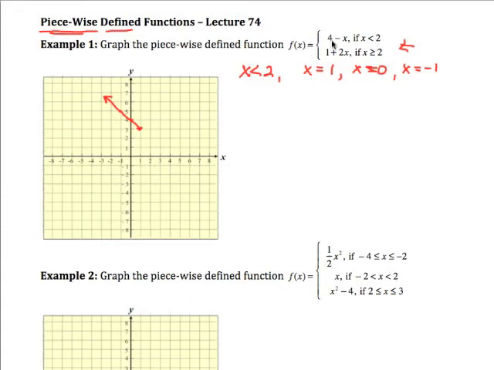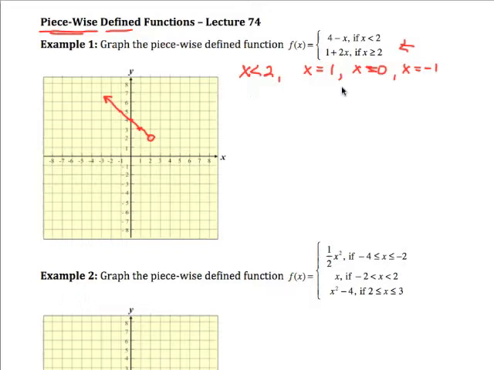Then I'd have 4 minus 2, which is 2, giving the point 2, 2, but I can't have that point because I'm not allowed that value for this function. So I'm going to put an open circle and then connect it up. We're getting as close to the point 2, 2 as we like without actually being there, and the open circle represents that, and the rest of the function just goes this way from then on.